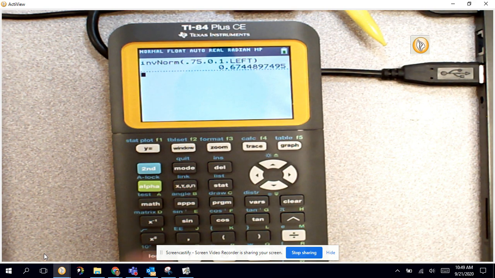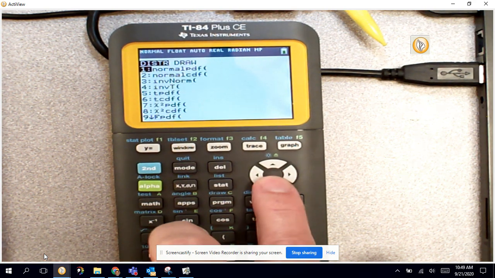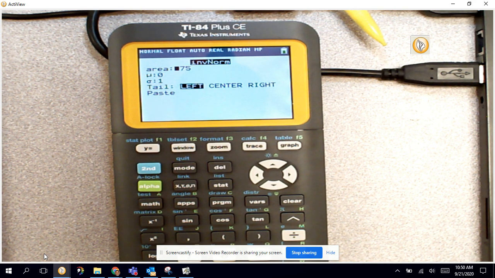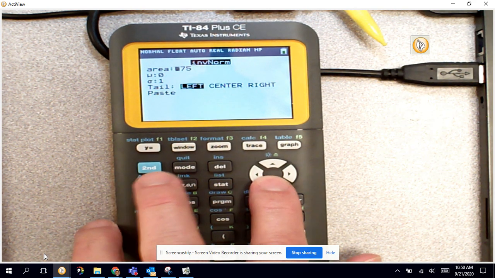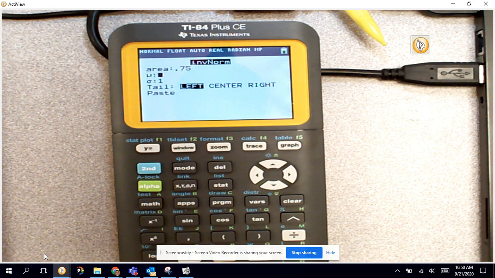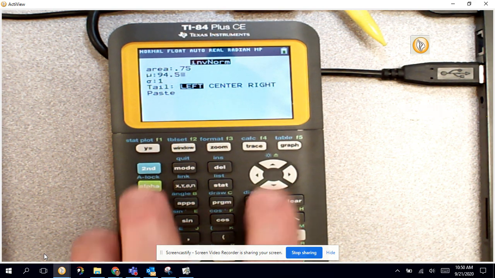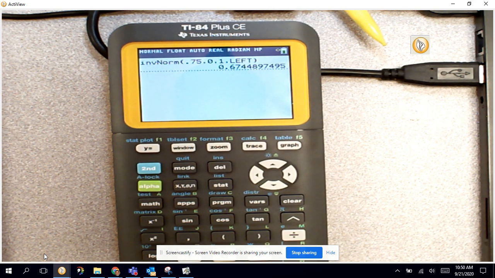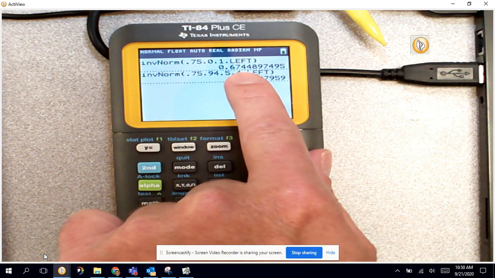Okay, so what you can do now is second, distribution. If you don't want the z-score, which is what we got when we did it in class, we can say, well, the mean was 94.5 with a standard deviation of heights of 4 centimeters. And again, it'll automatically find that 75th percentile for us. So this one here is in terms of z-scores.